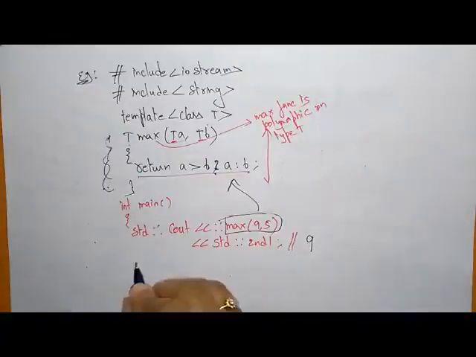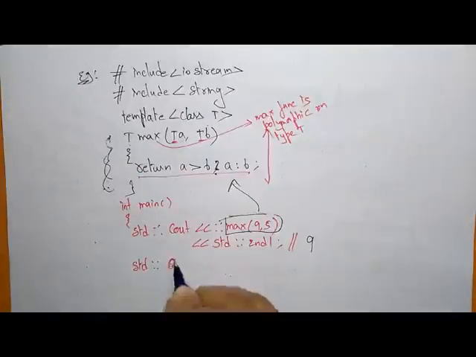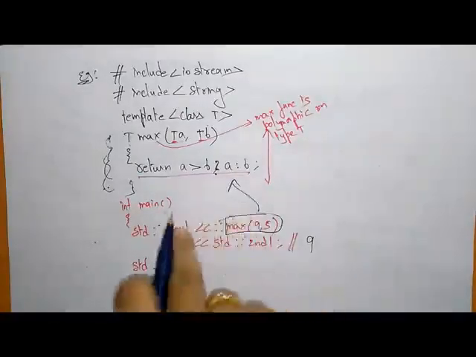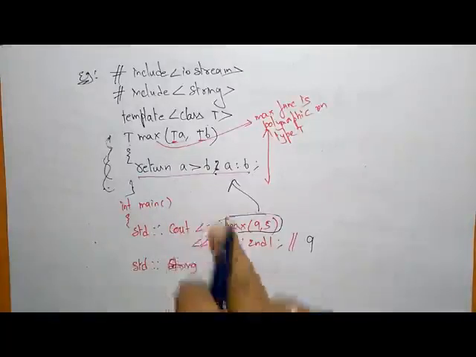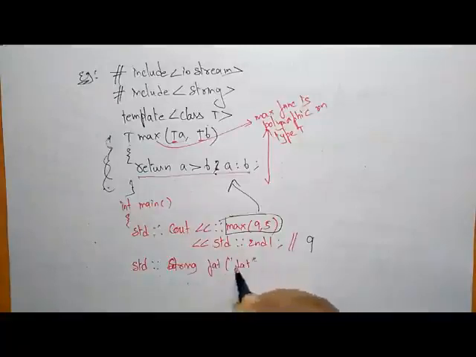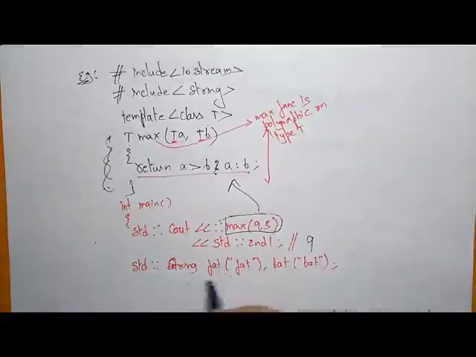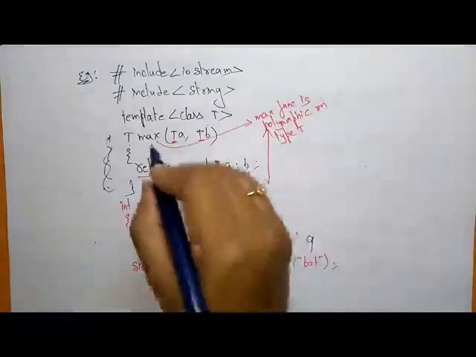For the same, I'm now using strings. Here I entered integer values, but now I am entering strings. So std string, suppose fat and bat. So I had taken two strings, fat and bat. Here this is max, just like maximum.